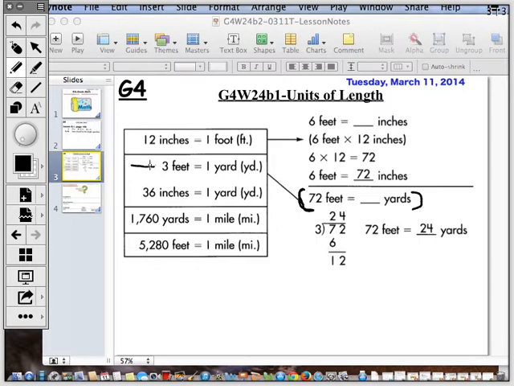The example that they're showing is that you take the 72 feet, divide it by 3 feet per yard, to get 24 yards.